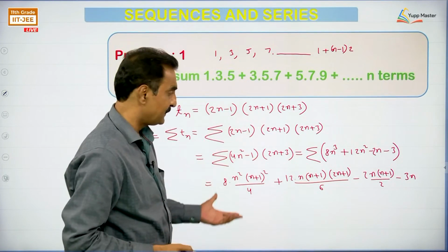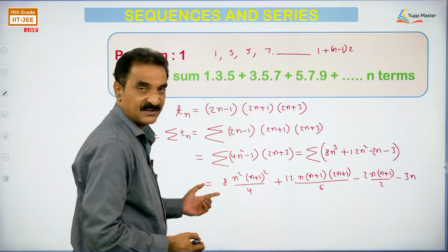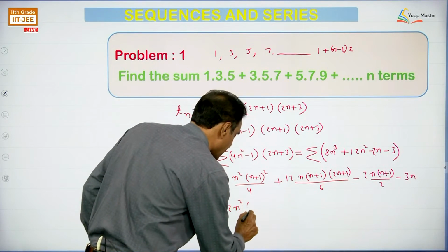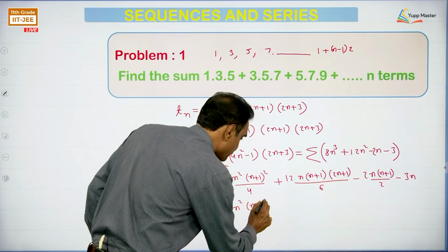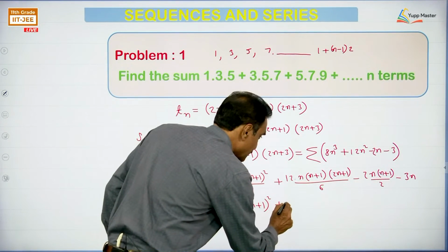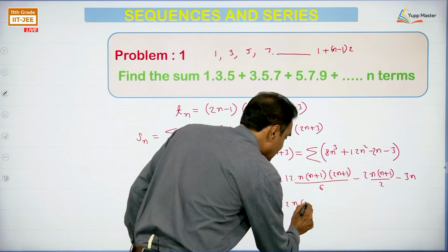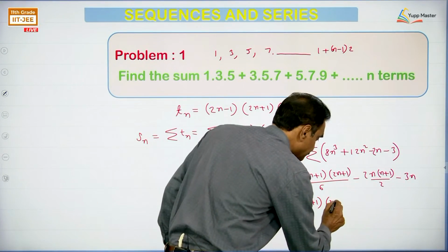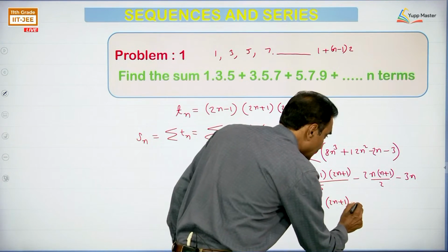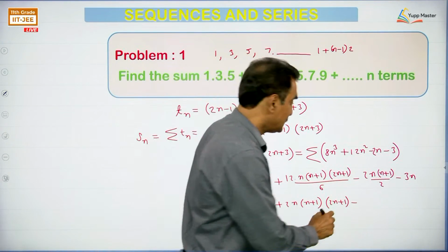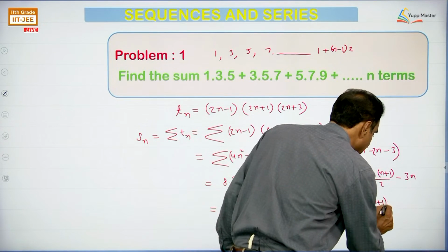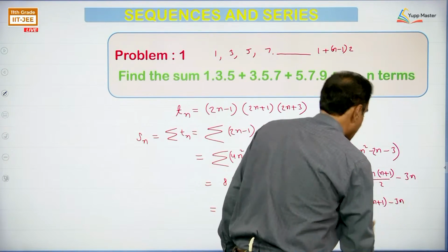Now we need to simplify. Cancelling 4, you will get 2 into 2n square into n plus 1 whole square, plus 2n into n plus 1 into 2n plus 1, minus n into n plus 1, minus 3n.